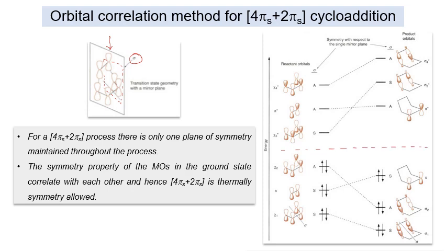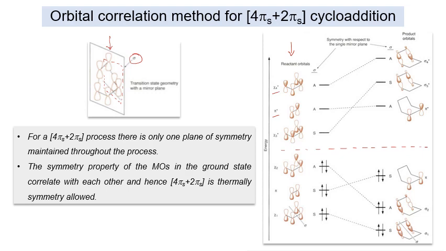So you can see here we have arranged in this particular column the orbitals with respect to increasing energy. So you have psi1 for butadiene, followed by pi for ethylene, followed by psi2 for butadiene, psi3 for butadiene, pi star for ethylene, and psi4 for butadiene.